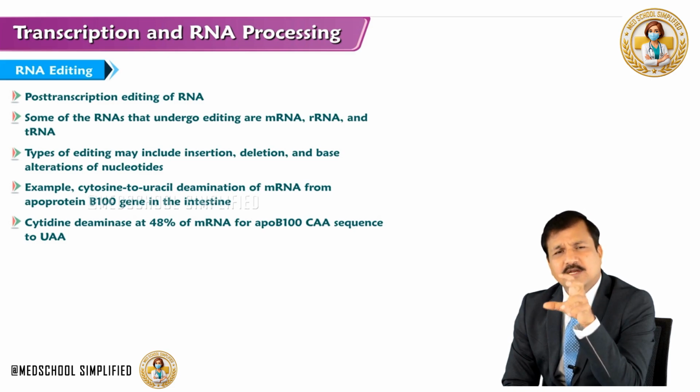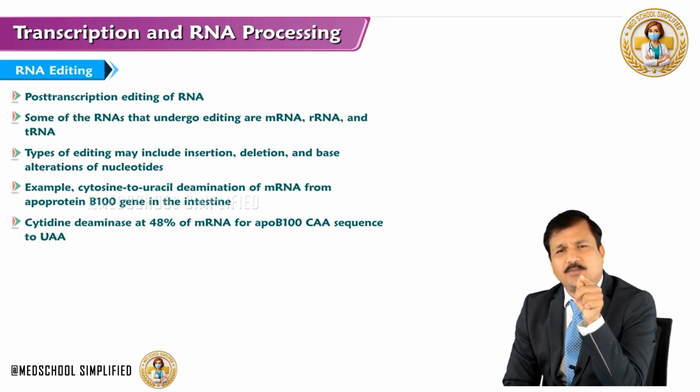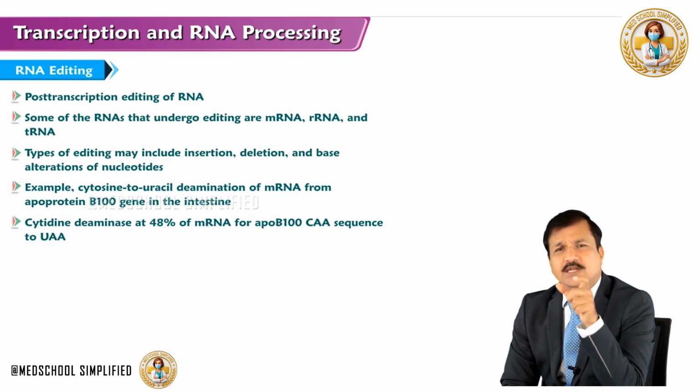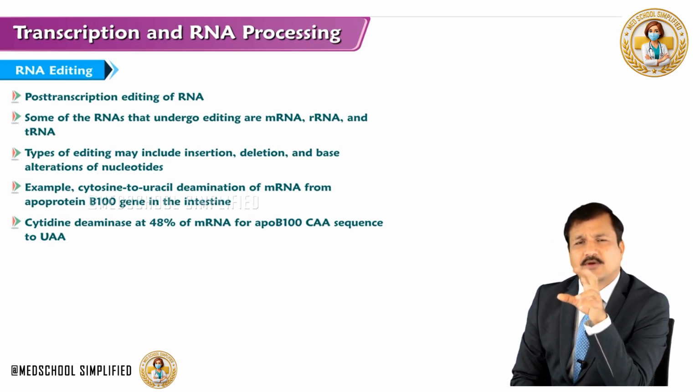So in the intestine, the mRNA coming from the expression of the apolipoprotein B100 gene is edited: the CAA, which codes for glutamine, has its cytidine undergo deamination to make uracil.